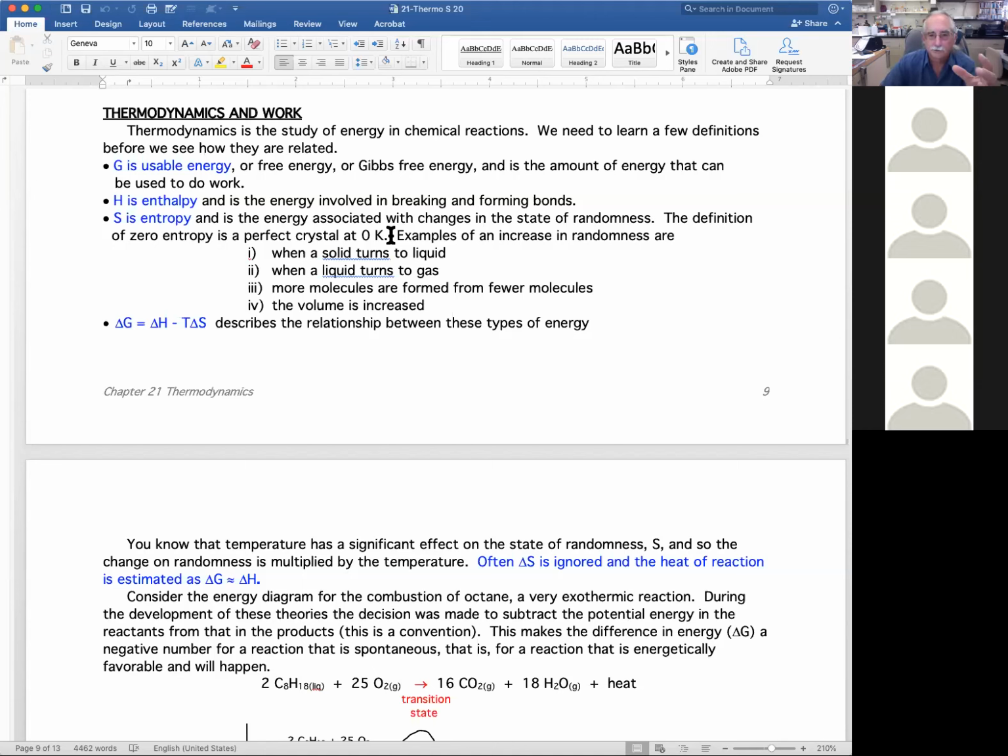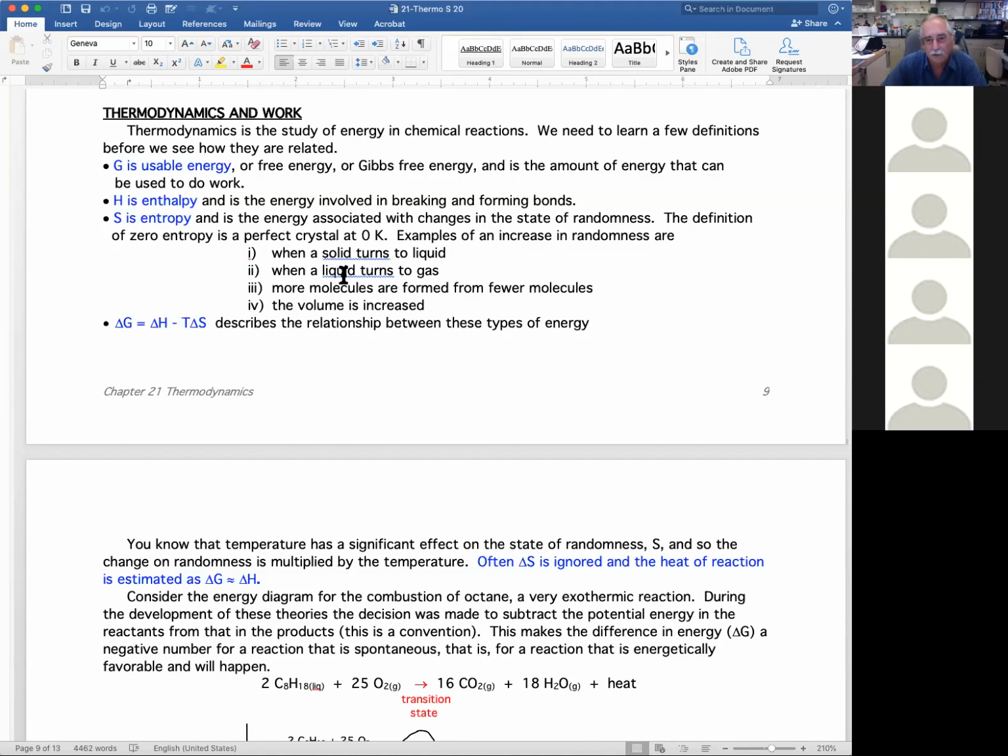So here are some examples of an increase in randomness. If I take a solid and turn it into a liquid, the particles in a solid can vibrate, but they can't move from point A to point B, which they can in a liquid. So it's an increase in randomness.